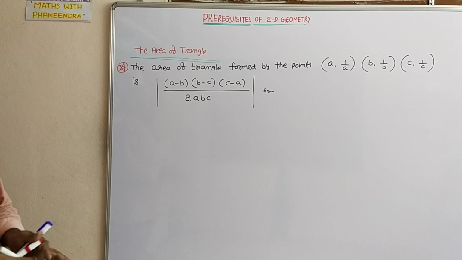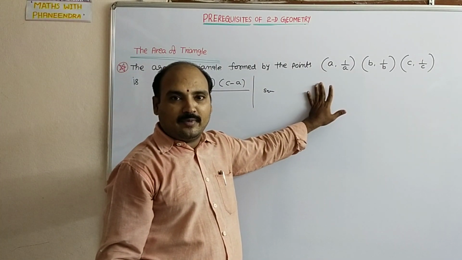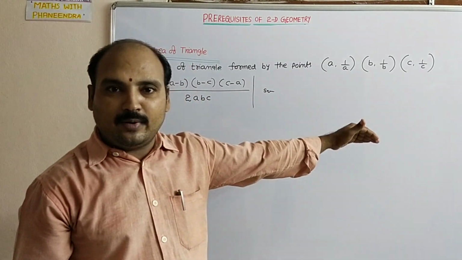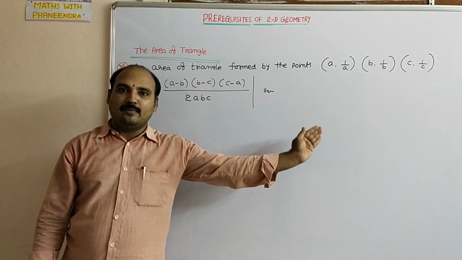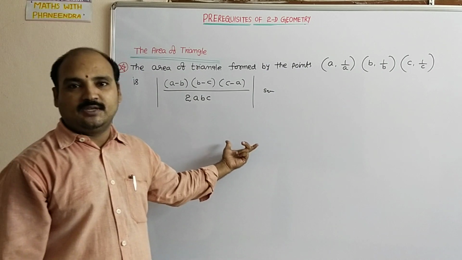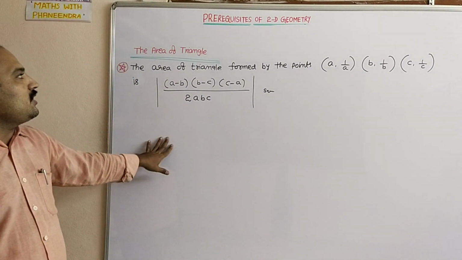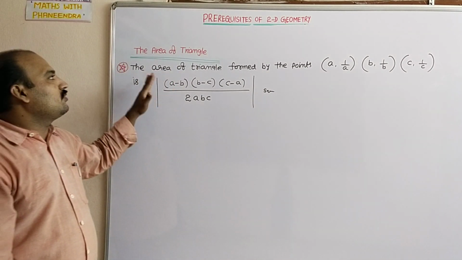So when the points are in these forms, a, 1 by a; b, 1 by b; c, 1 by c, then the area is mod of (a minus b)(b minus c)(c minus a) by 2abc. This is the way you can find the area of a triangle.